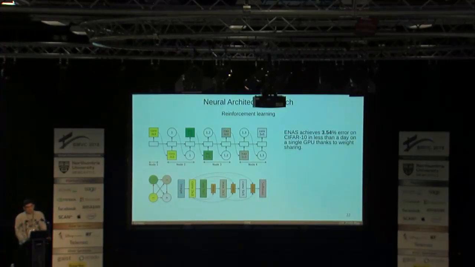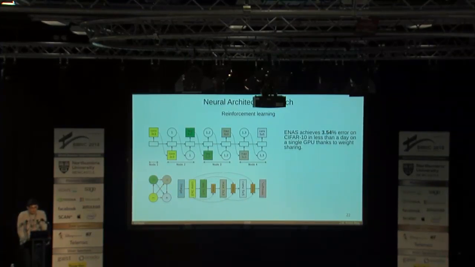And the whole graph is a juxtaposition of all of the subgraphs that represent each one of the possible neural architectures. So when you have that view, it's kind of easy to realize that you can share weights among those models that you are sampling.